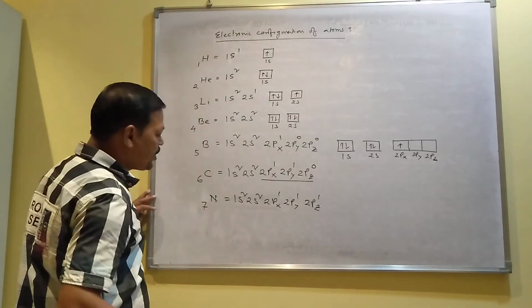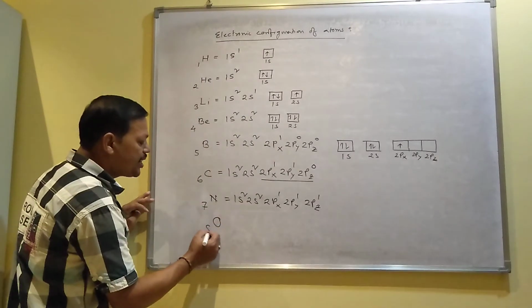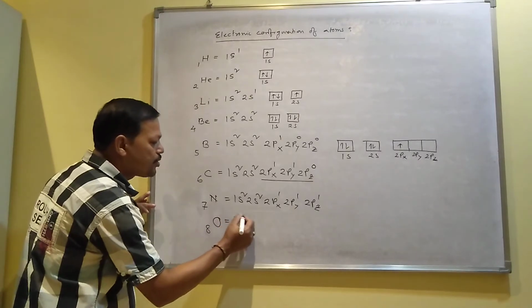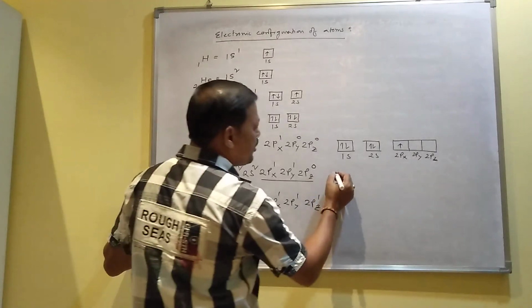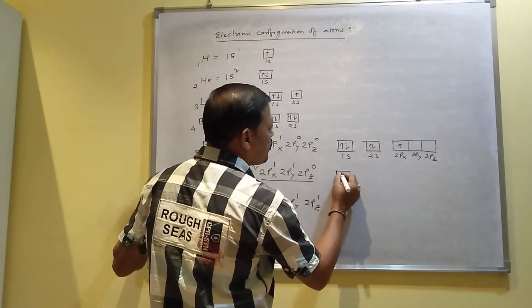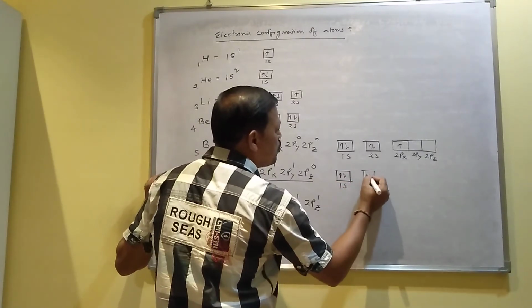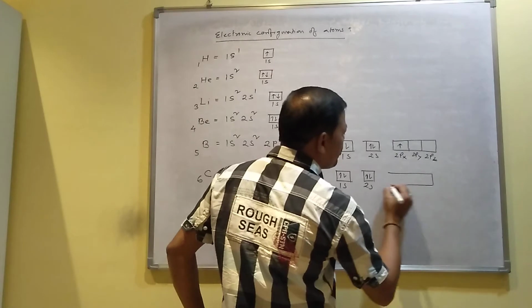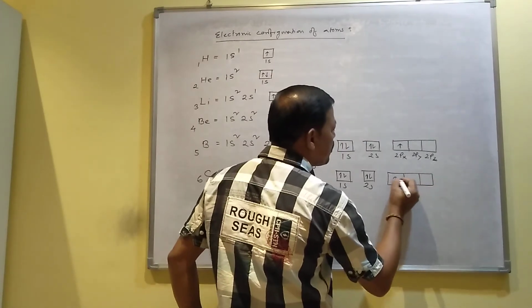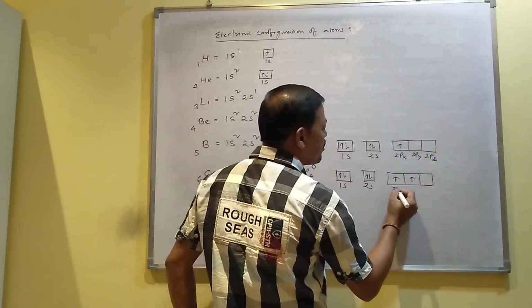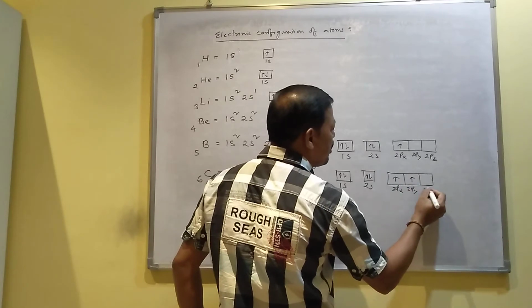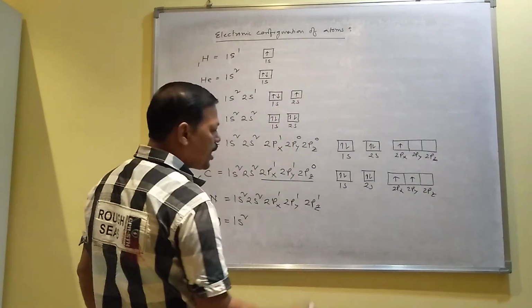After nitrogen, you will get oxygen. Oxygen's atomic number is 8. If you want to write in boxes: 1s2, 2s2, then 2p2, it becomes like this, 2px, 2py, 2pz. This is for carbon.